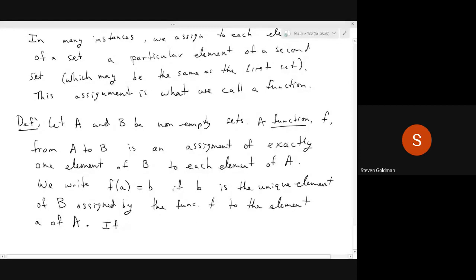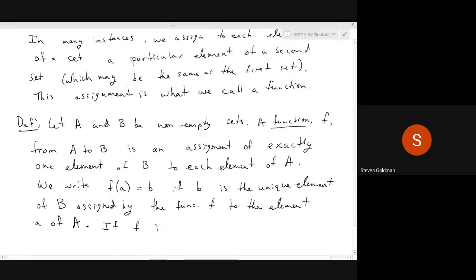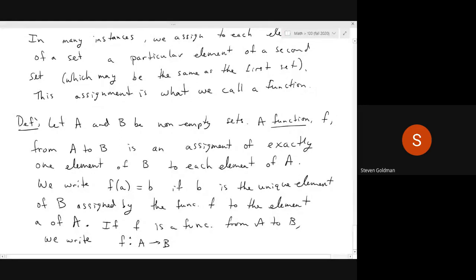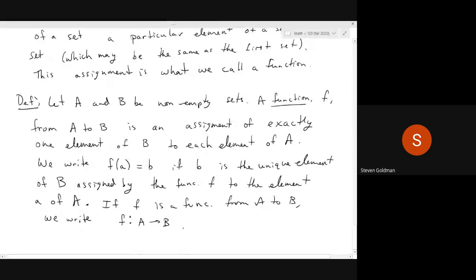If f is a function from A to B, we write f followed by a colon, followed by A with an arrow pointing to B. This is not logic, so that's not an implication, that's not a conditional statement.